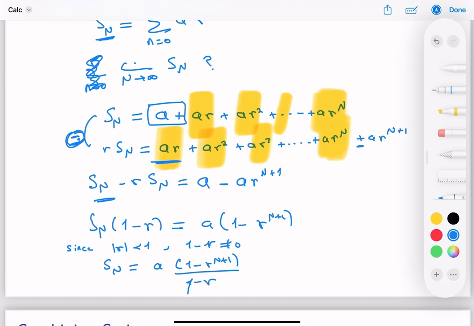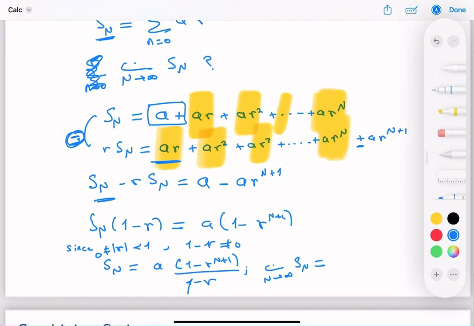And now we're going to ask, does the limit of Sn exist as n tends to infinity? What's the limit of Sn? Well, here comes the importance of r less than 1. This is also another place where this property is important.